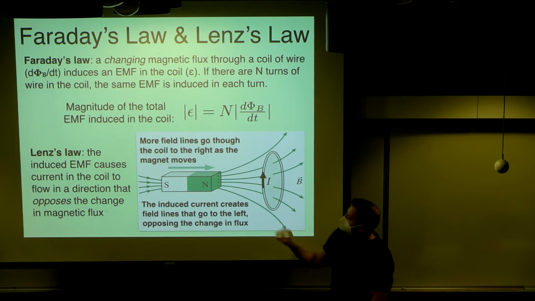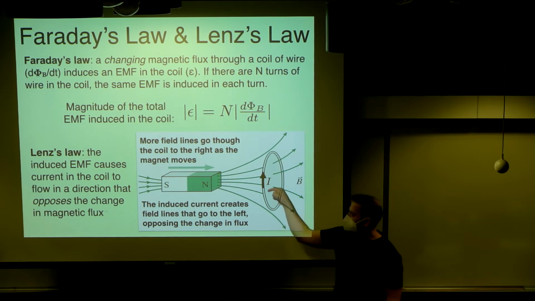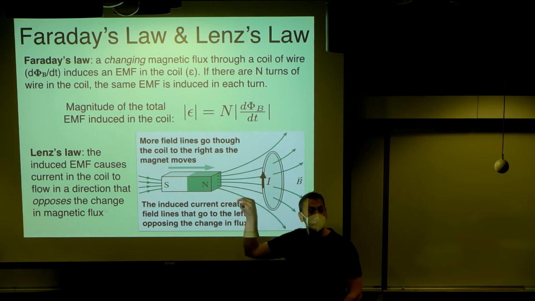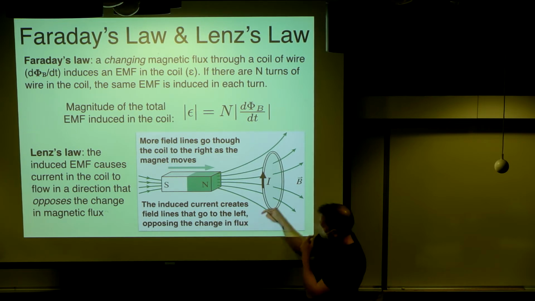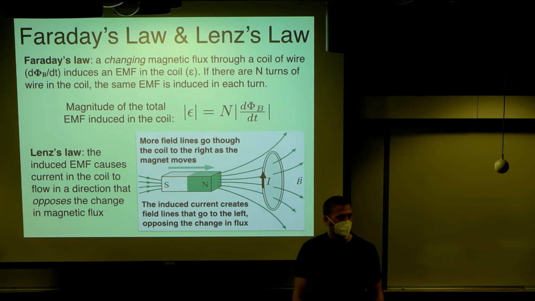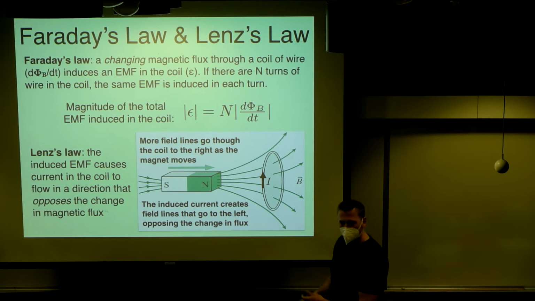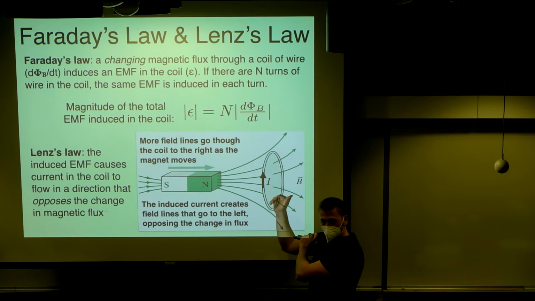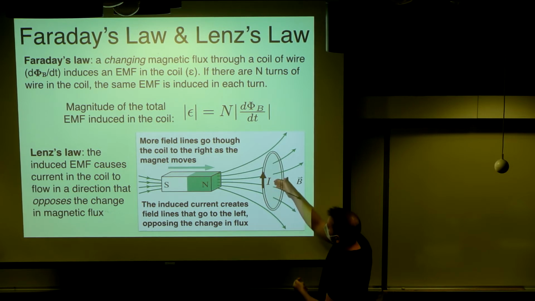So what does it mean to oppose the change in flux? It means we're going to have some field lines going to the left being created here, okay? How can we do that? By having current induced going this way around the coil. Let's think about that with the right-hand rule. Remember, one way to do the right-hand rule is to take your thumb and put it in the direction of the current.